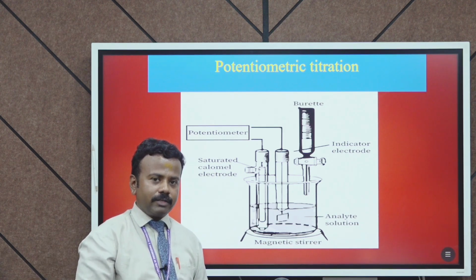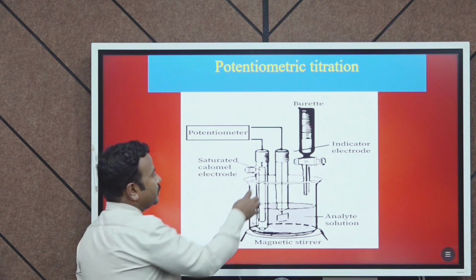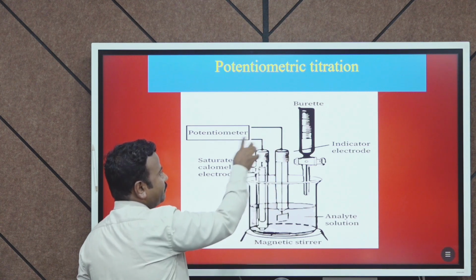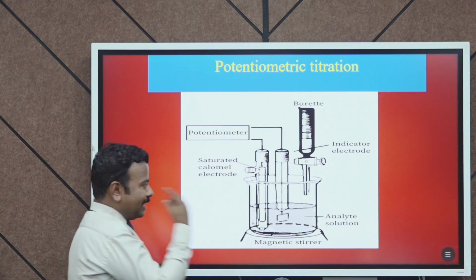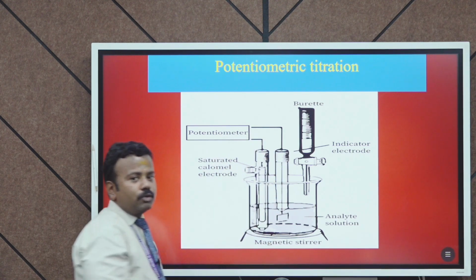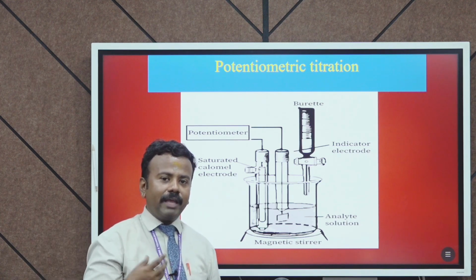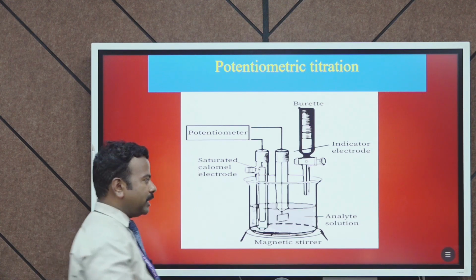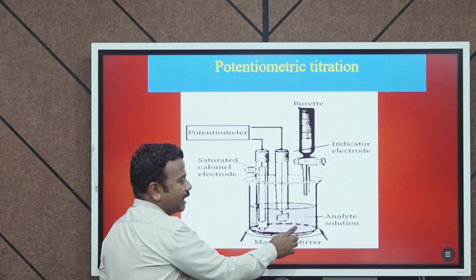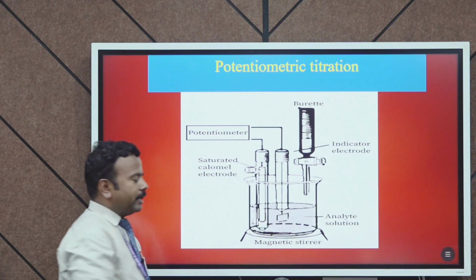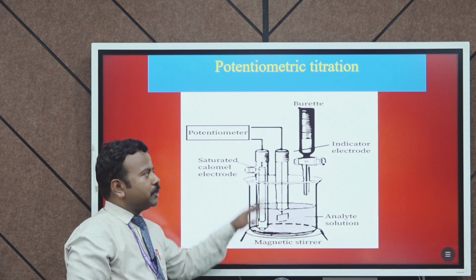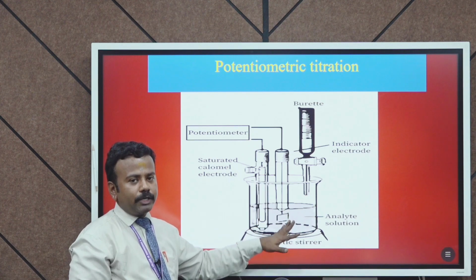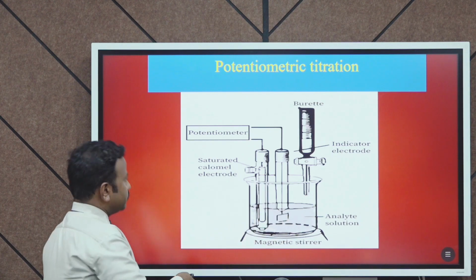The two electrodes are interconnected with the digital potentiometer. Then there is the analyte solution, the solution we have to test to know its concentration. The analyte solution is taken in the beaker and provided with a magnetic stirrer. This is the entire setup of the potentiometric titration.